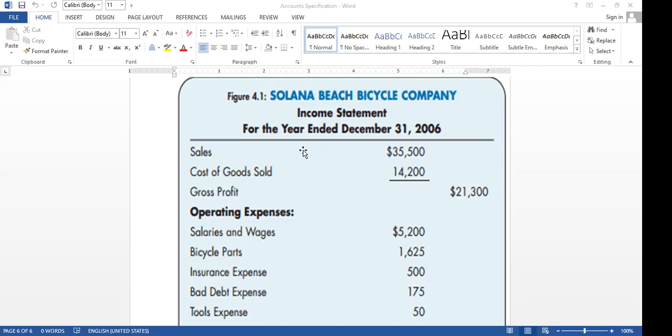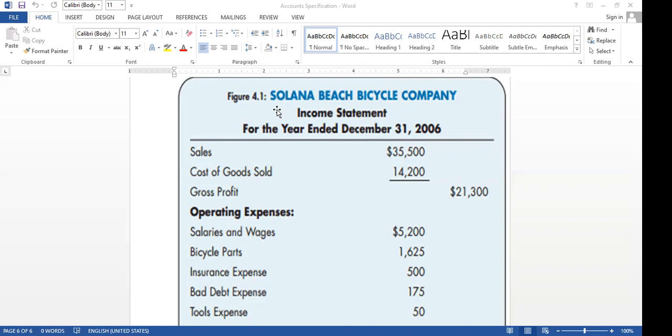Or what is the name of the organization, for example Fisheries Department. Firstly, we write the organization name, and secondly, we write what the statement is. This is an income statement. Solana Beach Bicycle Company income statement.